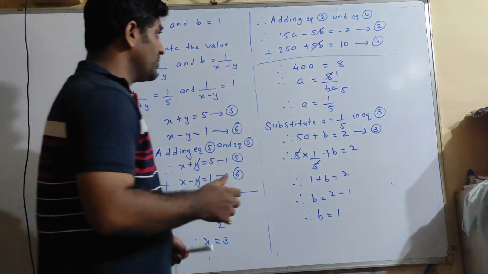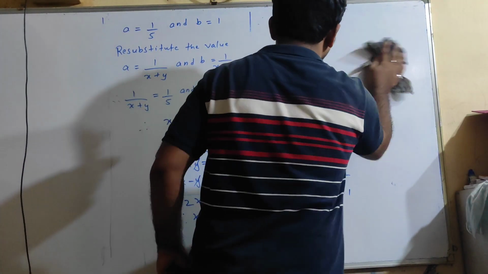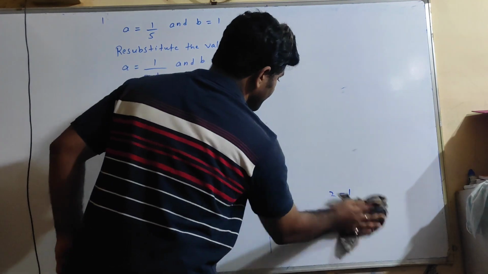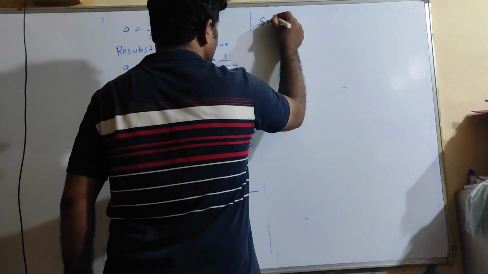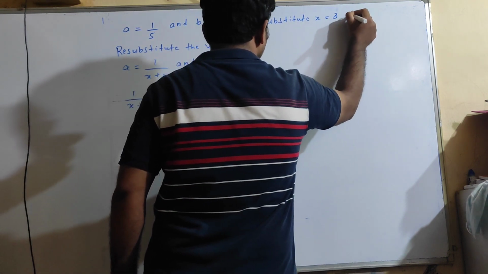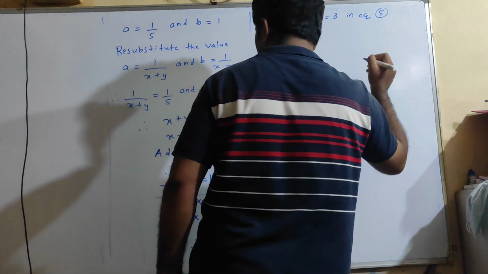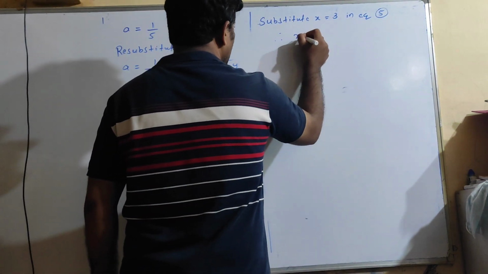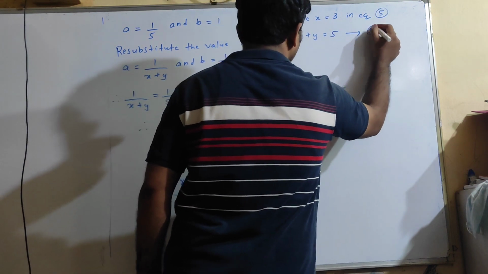Let us substitute the value now in equation number 5. Let's write down, substitute x equal to 3 in equation number 5. So what do we have, students? x plus y equals 5, equation number 5.